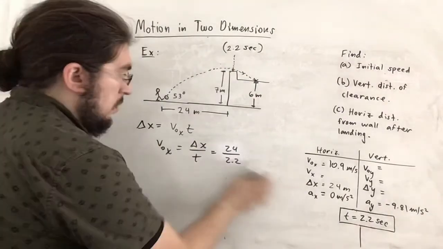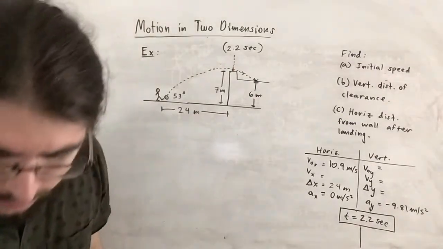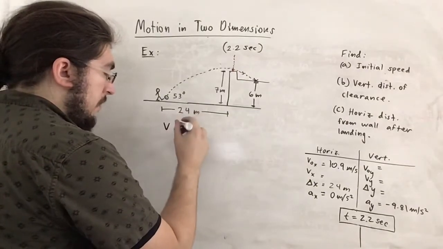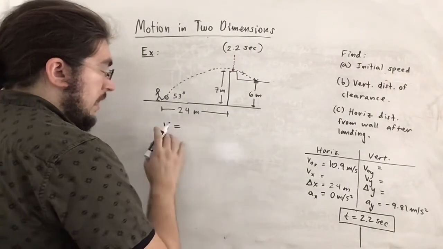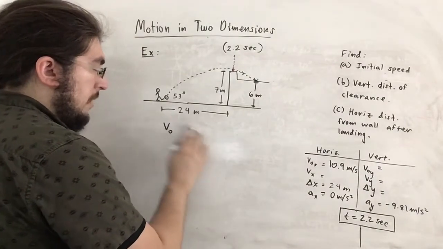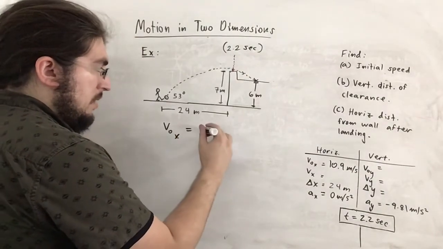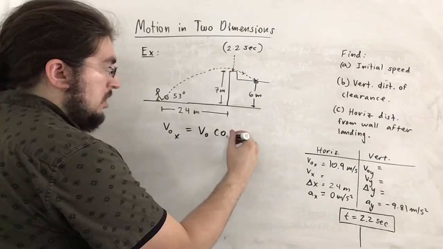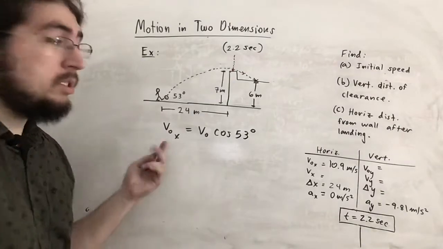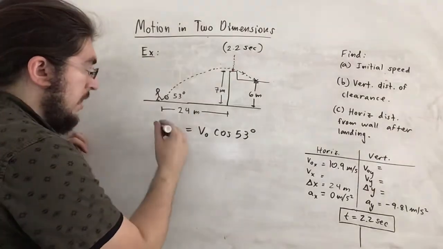So let me erase this real quick, and what I'm going to write is something a little different. Here what we know from vectors is that v naught x is equal to v naught times cosine of the angle. Now we know the angle is 53 degrees, and we also know v naught x, that's 10.9.